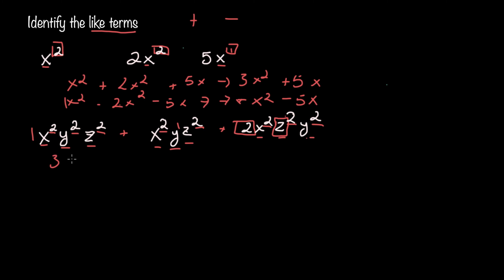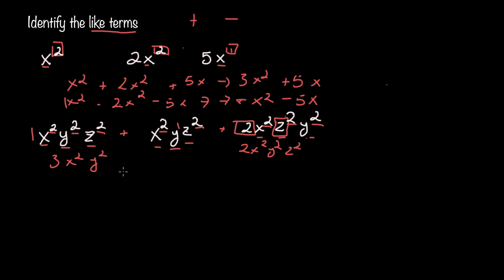So we're going to get 3x squared y squared. And then the z, we can just move it back to the original spot. If you don't like the format where the z is in the middle, you can just say x squared, y squared, and then z squared. It's still going to be the same value. It doesn't change if you move the variables around, as long as you are not changing the operations. The answer will stay the same.